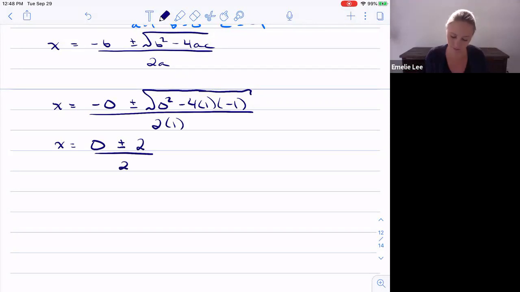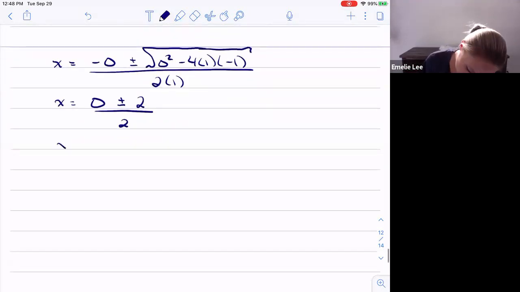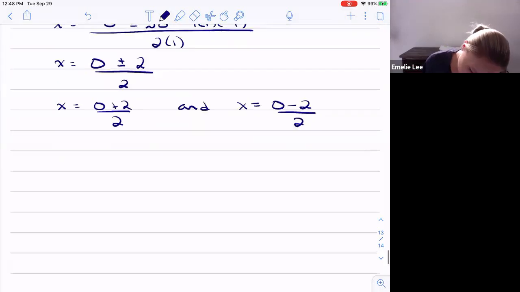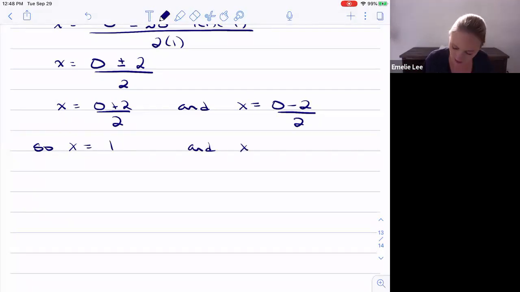Divided by 2. So x is going to be 0 plus 2 divided by 2, and x is going to be 0 minus 2 divided by 2. So x is 0 plus 2 is 2, divided by 2 is 1, and x is 0 minus 2 is negative 2, divided by 2 is negative 1.